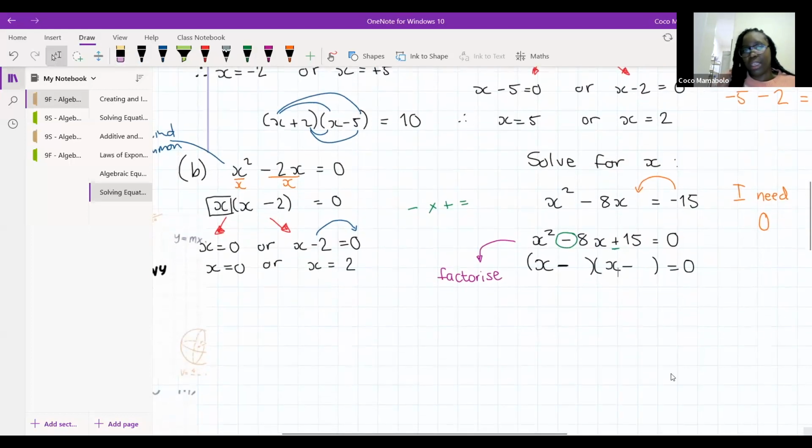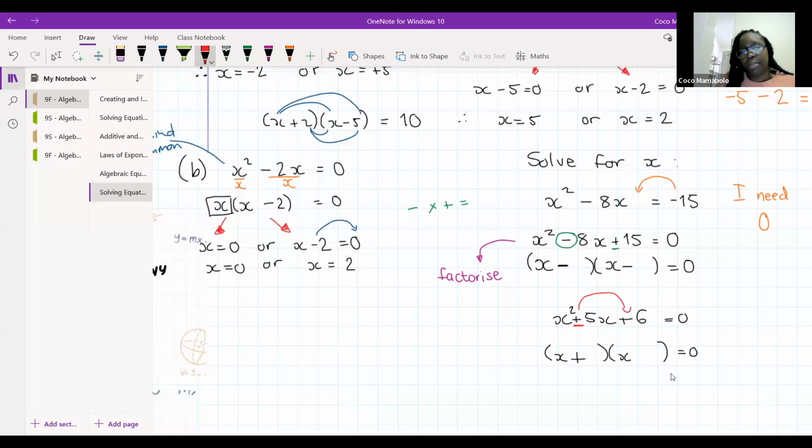I want to make it a little bit easier here. If I had x squared plus 5x plus 6, I know that it's a trinomial, so I'm going to open 2 brackets, right? And I'm going to have x. I already know that my one sign is going to be a positive. Now, Tando, a positive times a what gives me a positive?